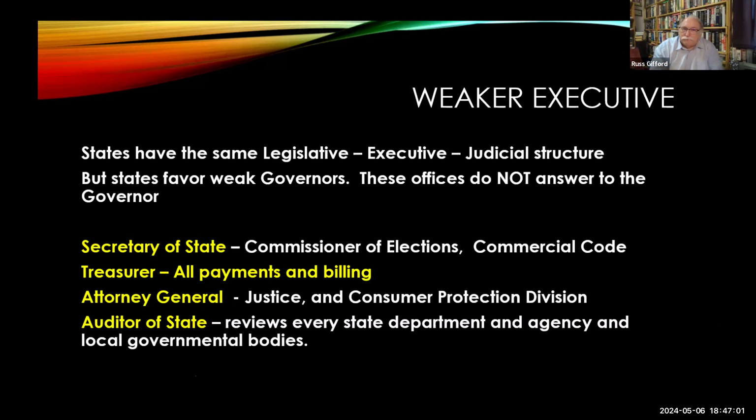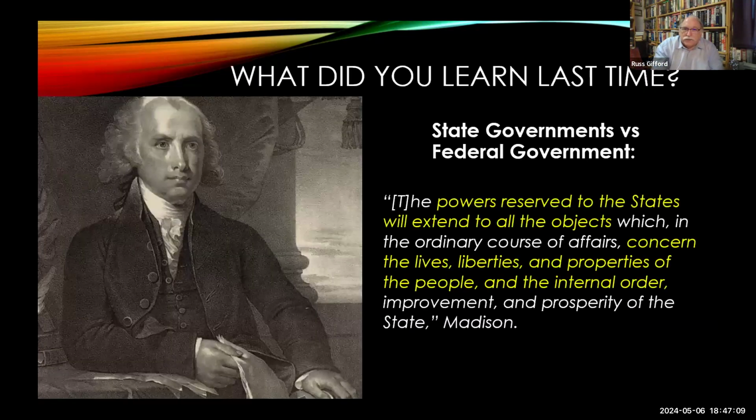And one of the big things, because we don't sit around and think about these things, one of the things that I just want to mention is, in asking what you learned last time, well, what's the difference? Okay, that's one thing that I just told you, but what powers does the state government have that the federal government doesn't? And okay, the 10th Amendment tells us, whatever was not given specifically in the federal government, belongs to the states.